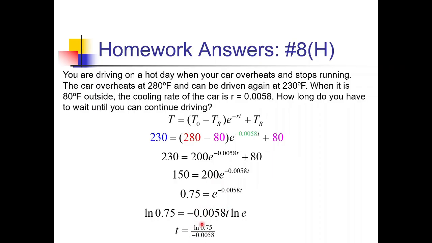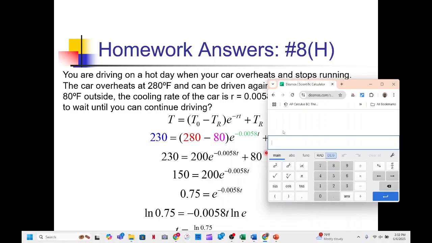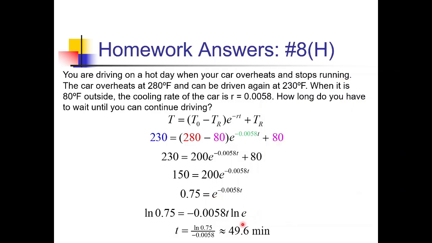And at this point, I really need to use the calculator to see what that is. So plugging that in, we had fraction, ln of 0.75 divided by negative 0.0058 comes out to about 49.6. So in 49.6 minutes, it will again be safe to drive your car.